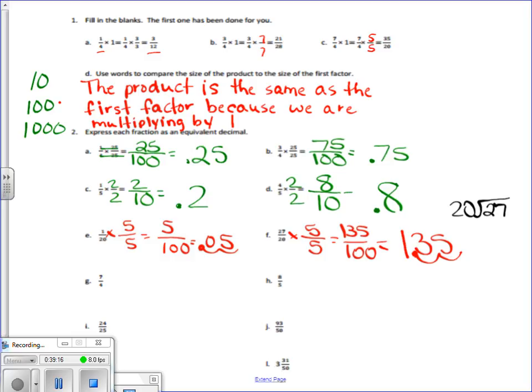Well, 20 can go into 27 one time. 1 times 20 is 20. But we don't want remainders. You don't have to do this. If you're doing the fraction way, you don't have to write this down. I'm just showing it because I know at least one person who did the division.